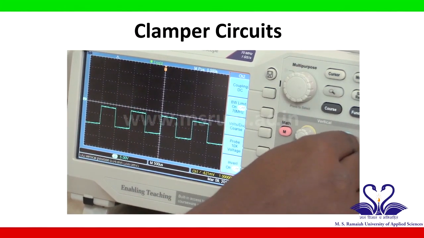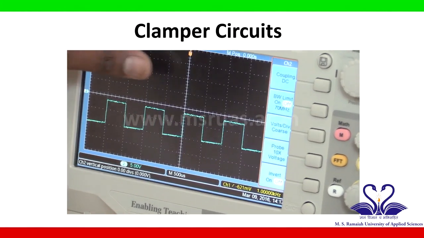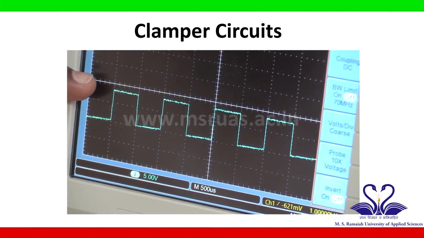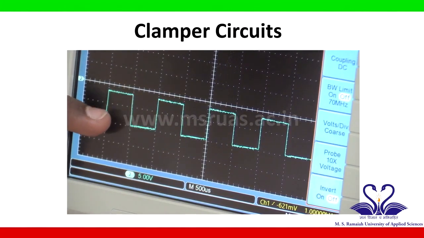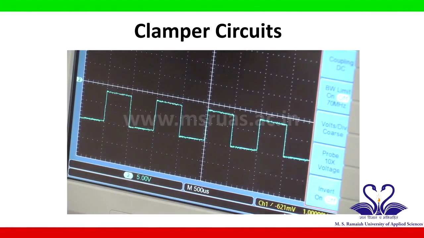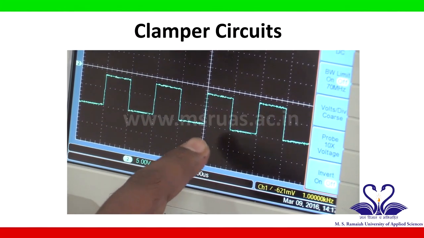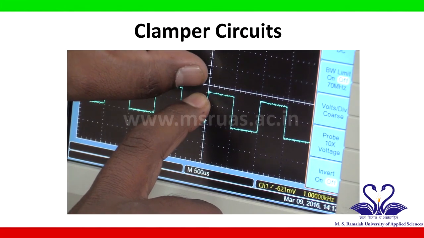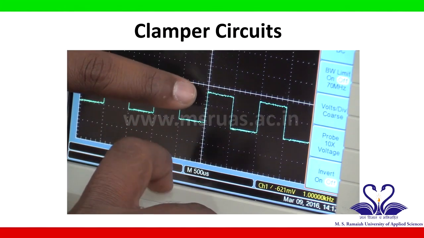Now this is the output we are getting, and if you see, this output waveform exists only below the reference line or below the zero line, that is, a negative signal. This indicates it is a negative clamper circuit. And if you see this line, which is not touching 0, from 0 to this line there are 2 small divisions.